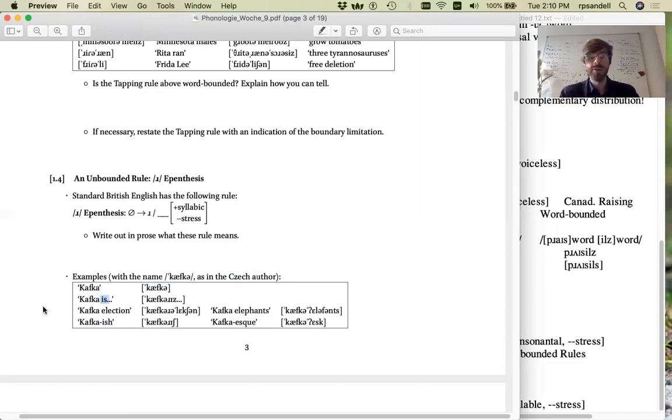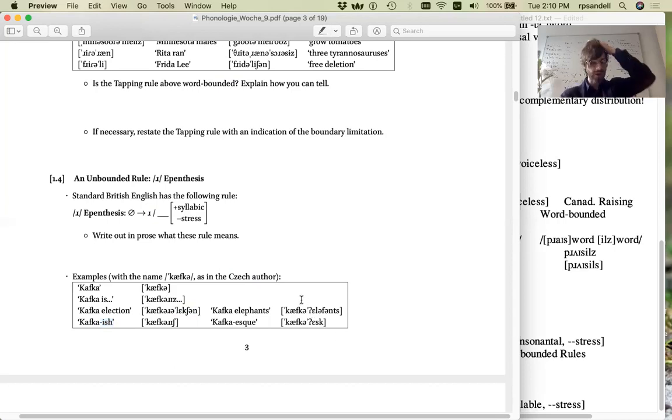If we add the verb is after it, in Standard British English, one would say Kafka-r is, or add another word, pick any vowel initial word that doesn't have stress on the first syllable, like election, and the speakers would produce Kafka-r election, or the derivational suffix ish, so still inside a word there, we would say Kafka-rish in that case.